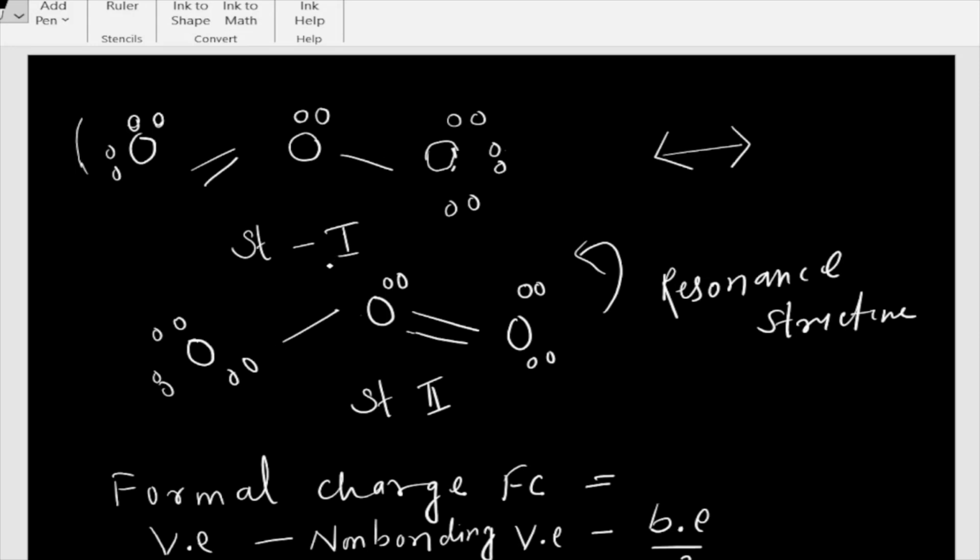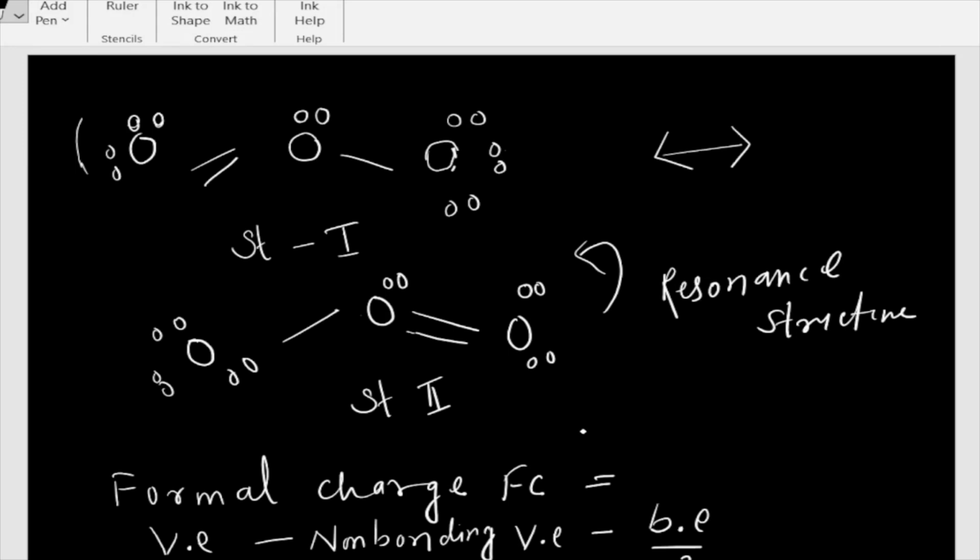Both have the same meaning, but the way of contributing the electron towards the center atom is totally different. That is why structure 1 and structure 2, both structures are possible, and that is why it is also called a resonance structure.